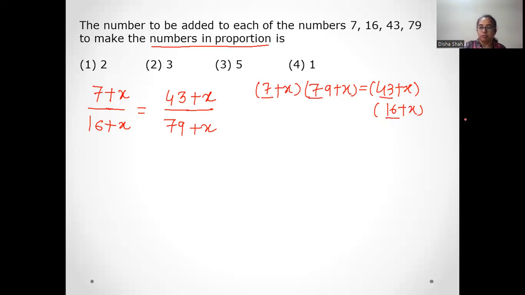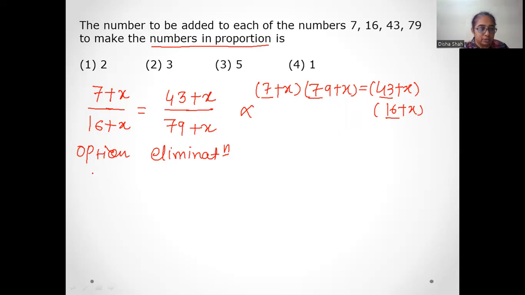Plus this will take you into the world of quadratic. Okay? As such, we have a problem. So we will not use this method. What we will use? सबसे best method, that is option elimination. इस problem को हम option elimination से solve करेंगे.